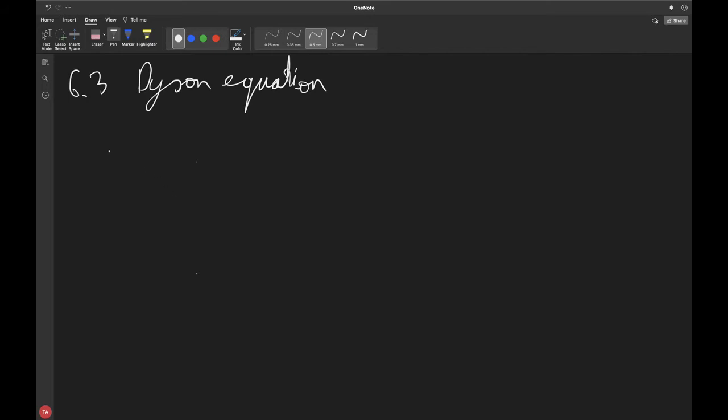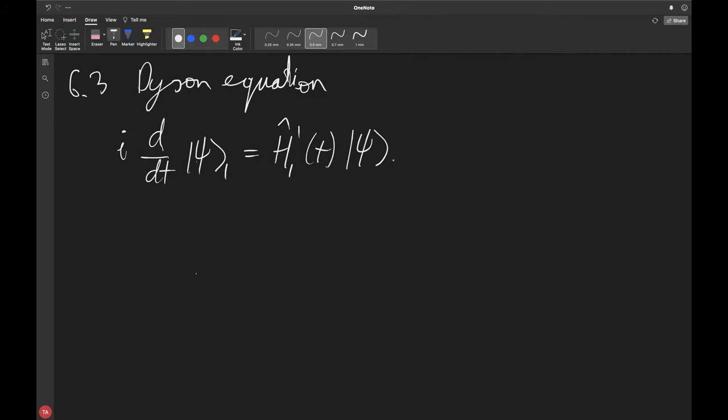So Dyson solved essentially this equation that we got to a second ago, that the derivative of the psi in the interaction picture is the same as the interacting part of the Hamiltonian in the interaction picture, which depends on the time, times the psi in the interaction picture. So what he was using is, again, this U time evolution operator. So if we get the state at t time, we can use this operator.